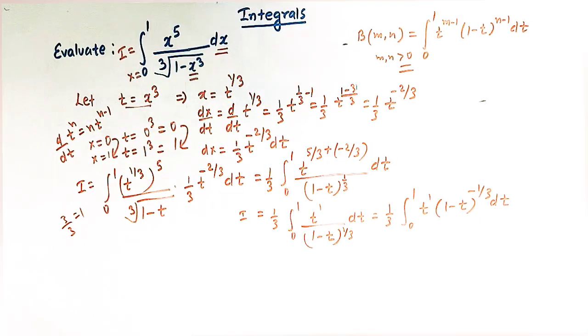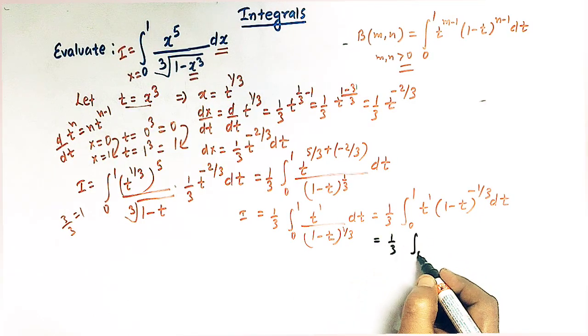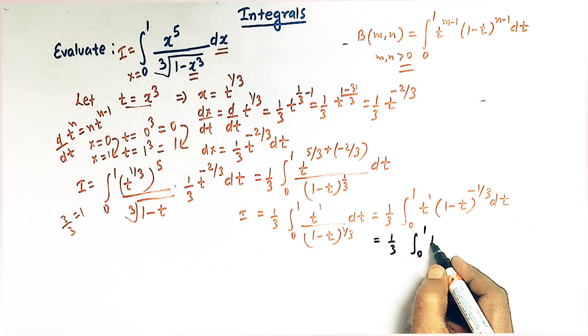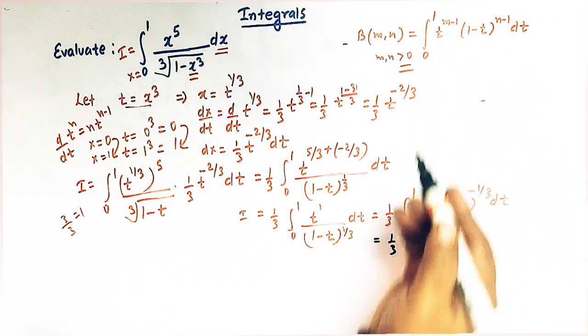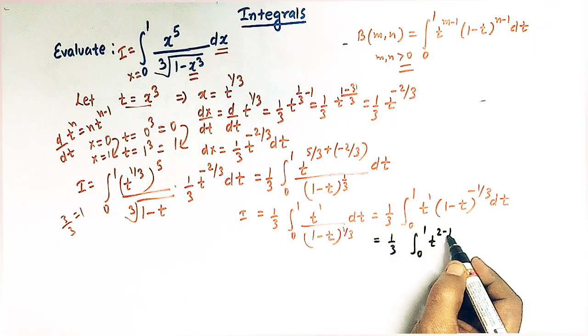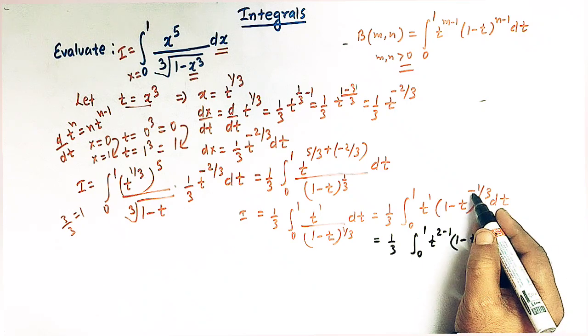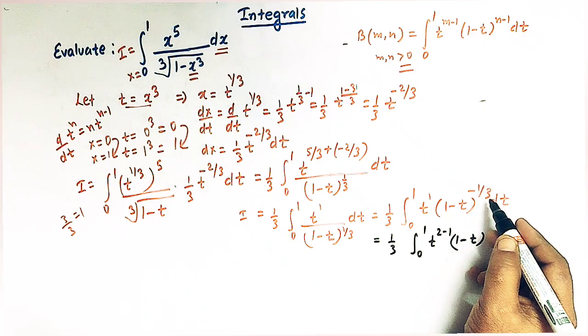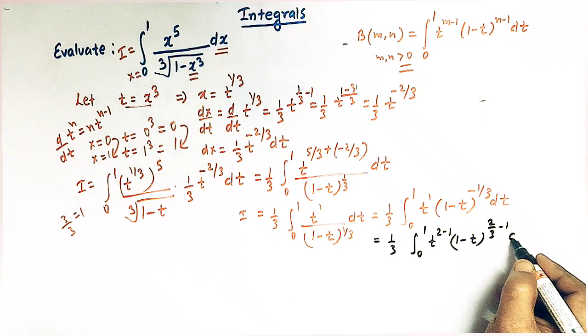So now we can write 1 over 3. Here we have 0 to 1, and t raised to 1 can be written as m minus 1. So we can write simply 2 minus 1, because 2 minus 1 is 1. And here we have minus 1 over 3, and minus 1 over 3 can be written as 2 by 3 minus 1.